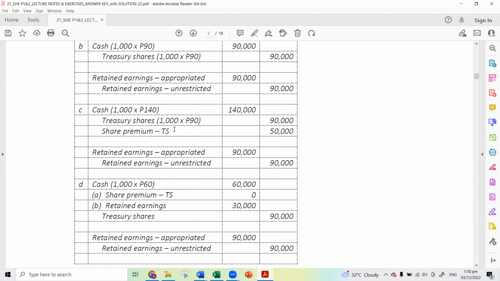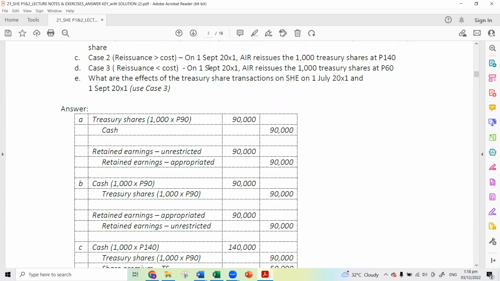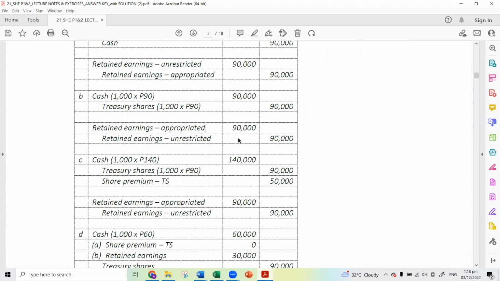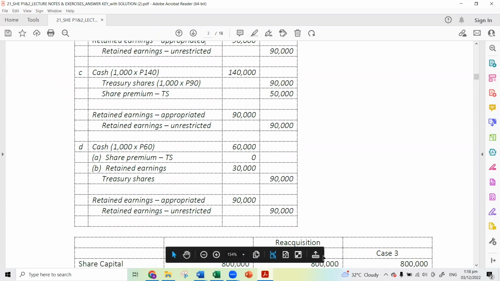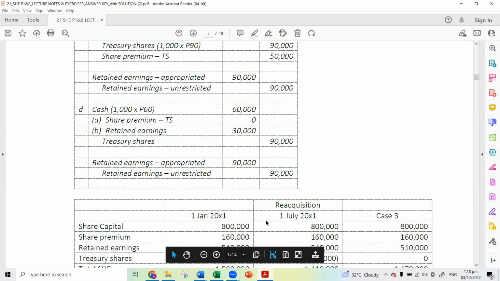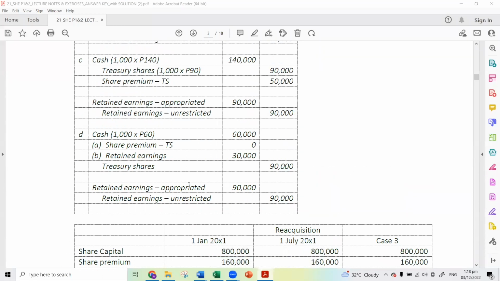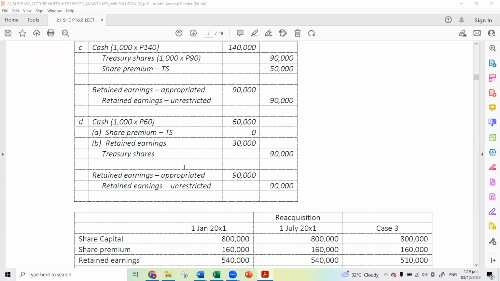So yan yun. So let's now go to the third case. This is the reissuance at below cost. No? When the treasury shares are subsequently reissued at below the reacquisition cost, the excess of the cost over the reissuance price is debited to the following order of priority.